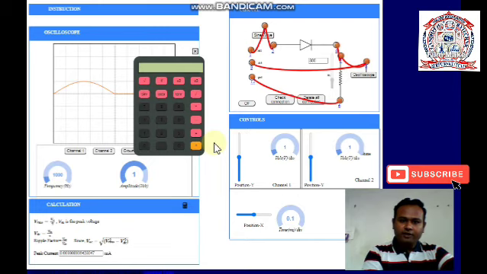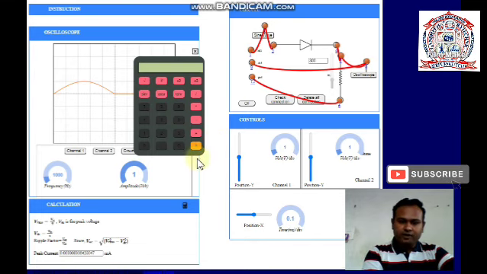Now we calculate Vac. Vac equal to under root of Vrms square minus Vdc square. Vrms that we have calculated is equal to 0.5, and so Vrms square is equal to 0.25, and Vdc that we have calculated is equal to 0.318, and if we do the square of it, then we will get 0.101.